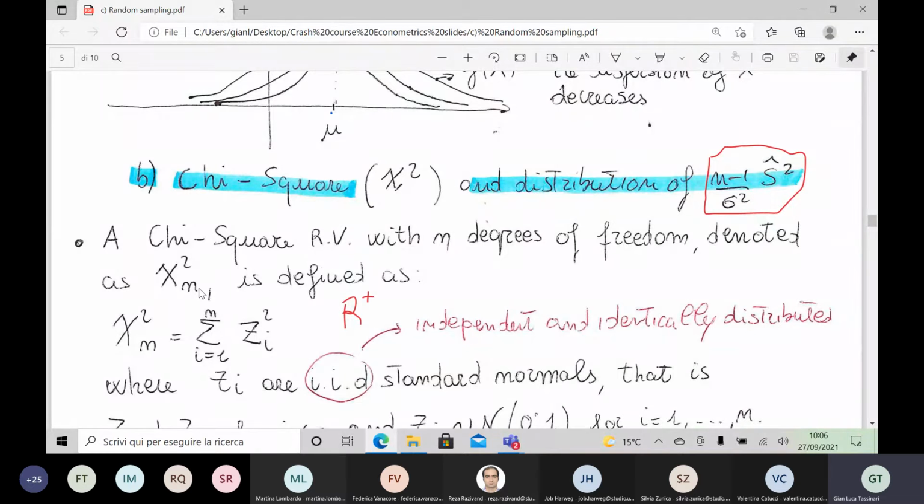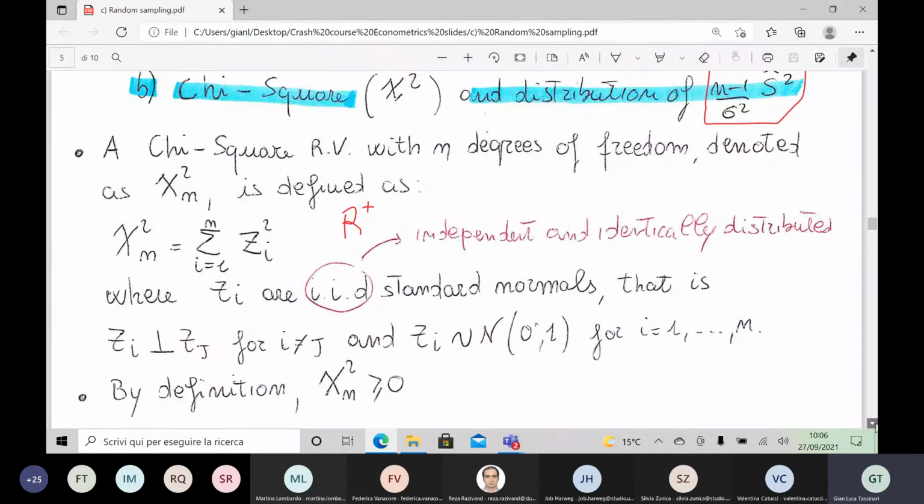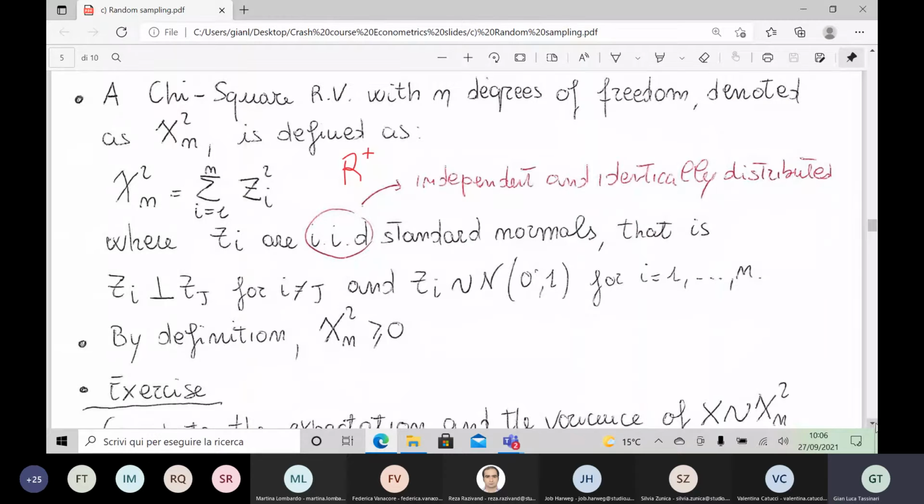In particular, a chi-square random variable with n degrees of freedom is defined as follows. It is the sum from i equal to 1 to n of capital zeta i square, where the zeta i's, because you have n zeta i, are standard normal random variables, and these standard normal random variables are independent.